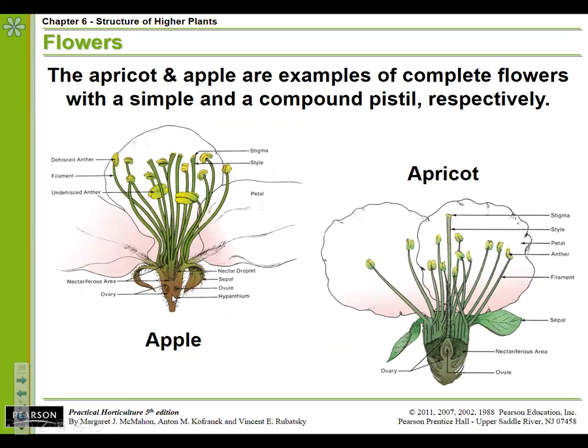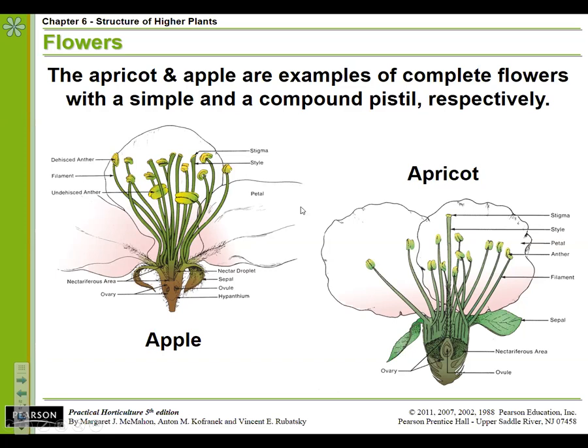So we also look at whether flowers are complete or incomplete, and perfect or imperfect. So we're looking here at apple and apricot flowers, and these are complete because they have all of the flower parts in one plant, so on one flower even. So we have the male and the female parts both in the same place.